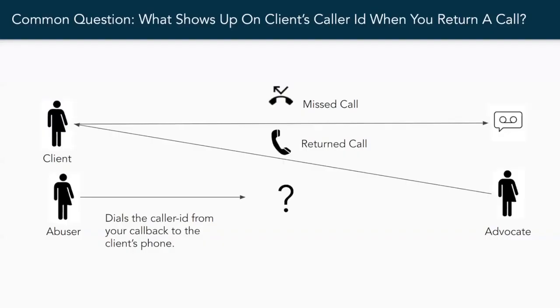Just to go over the process, and I'm sure many of you are very familiar with this, a lot of organizations might have something built into their regular hotline protocols where if a client calls and either the call is missed or it's during a certain time of day, they might leave a message with either a live operator or a live receptionist in your office or in a voicemail, and then the advocate is trying to return the call to the client.